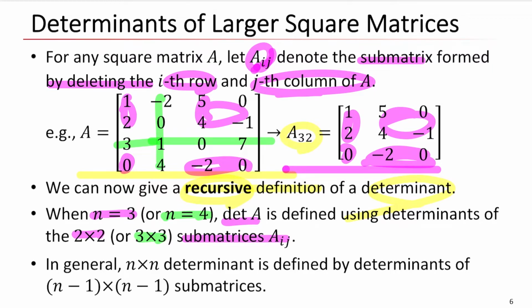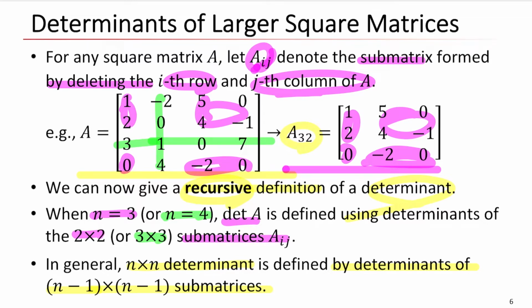Okay, in general, the n by n determinant is defined by the determinant of the (n minus 1) times (n minus 1) submatrix. Okay, so by recursively applying the determinant, we can easily find the determinant of a larger matrix. Okay, so this is our main strategy.